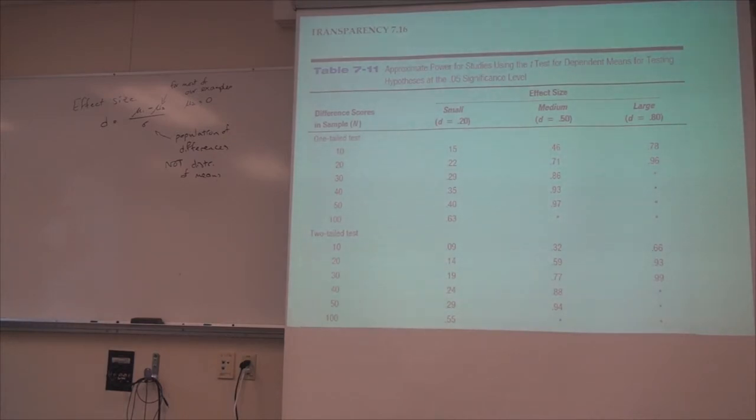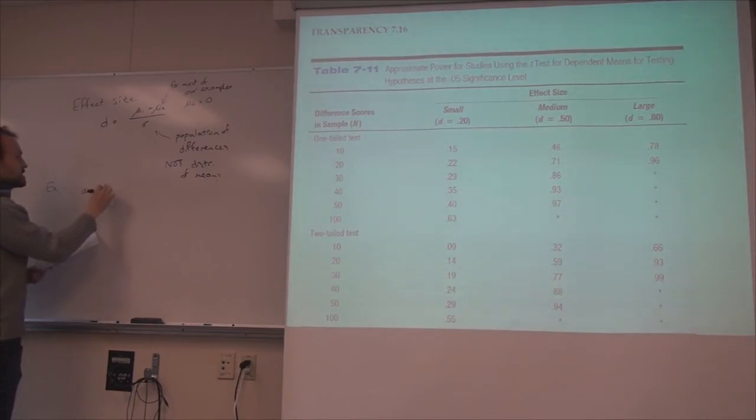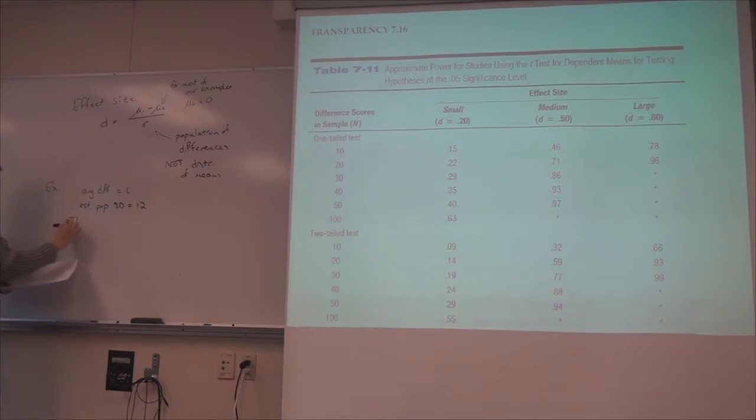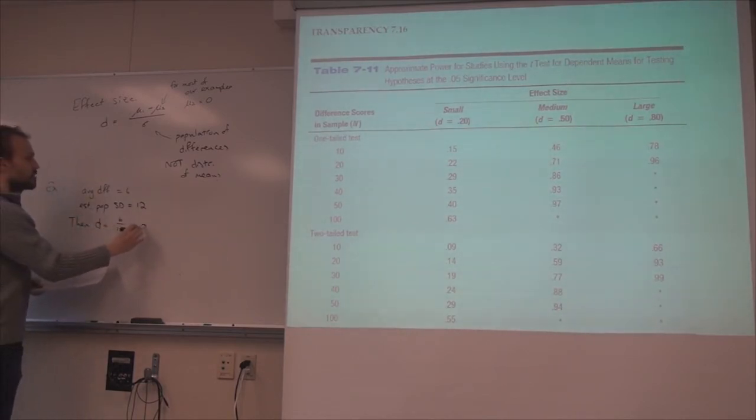All right. So for example, let's do an example. If the average difference is 6 and the estimated population standard deviation is 12, then D is 6 over 12, or 0.5.